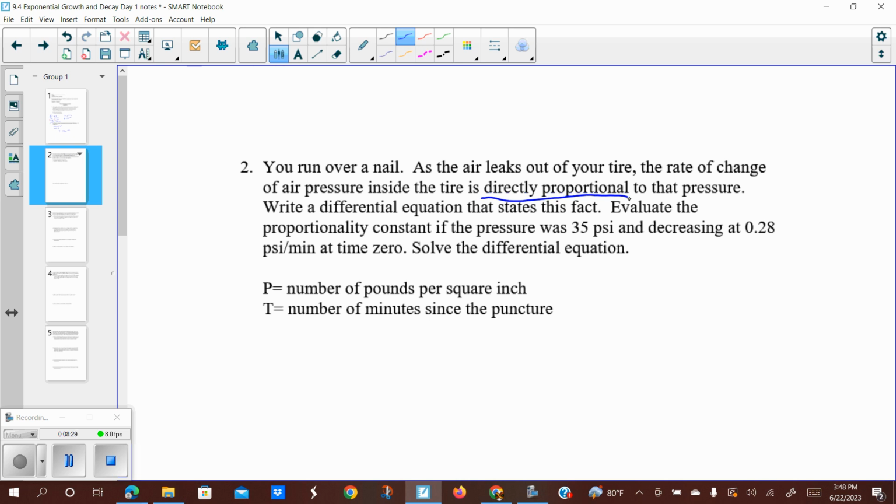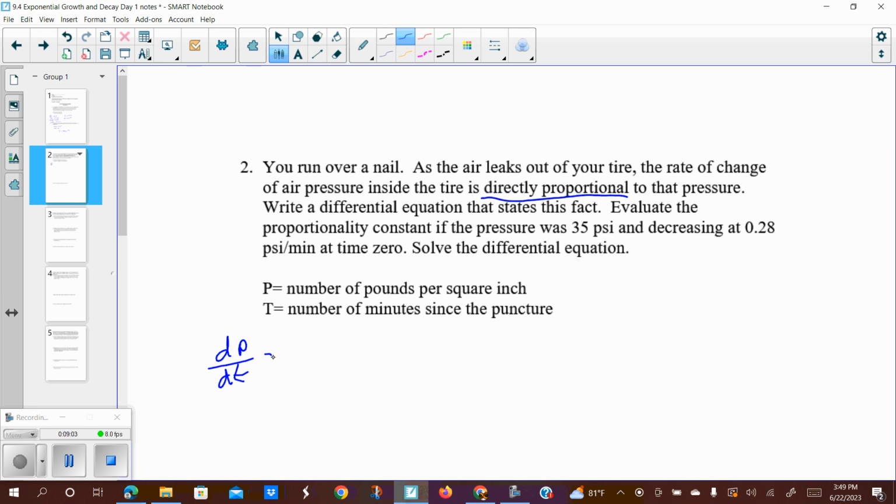First of all, a direct proportionality has a proportionality constant. If something increases, the other thing also increases, and there's some kind of a constant that tells you what that is. That's called the proportionality constant. We typically use the variable lowercase k for that. So we want to write a differential equation. What is changing over what is it changing? The pressure is the thing that's changing, so there's a dP, pounds per square inch, and the time is what it is changing over, so dt.